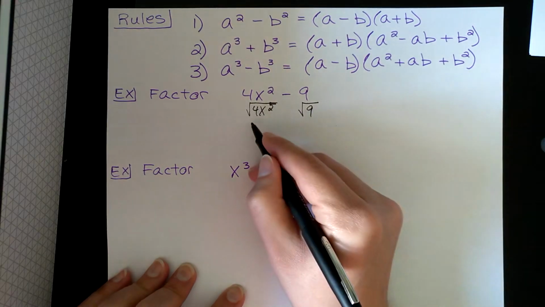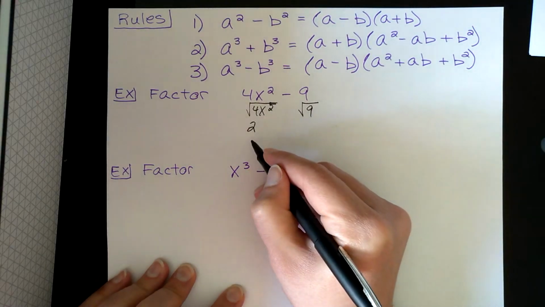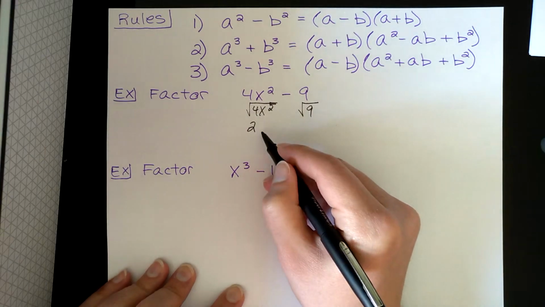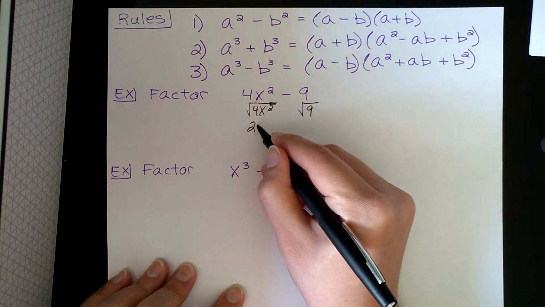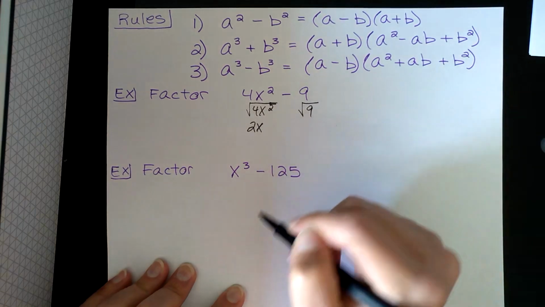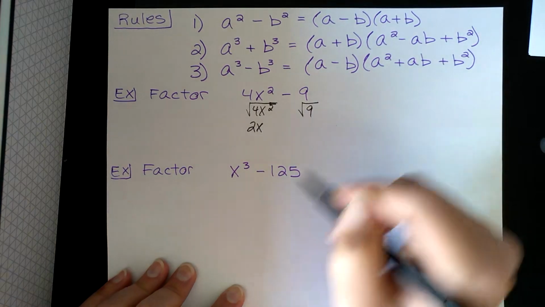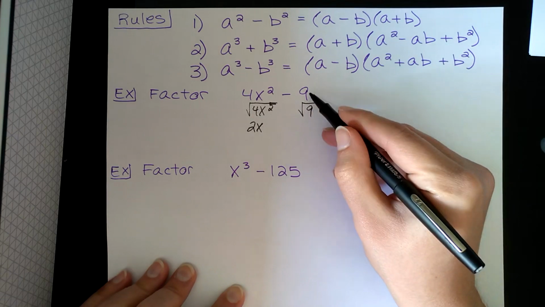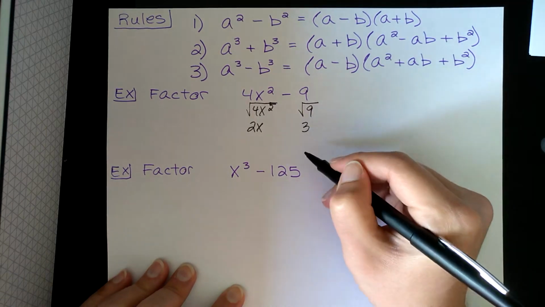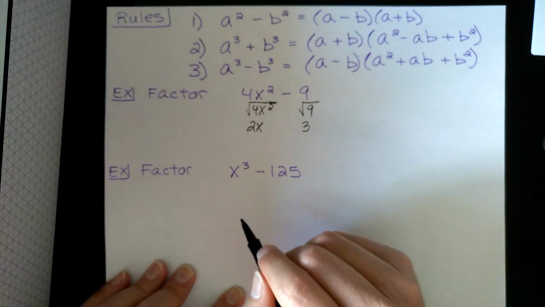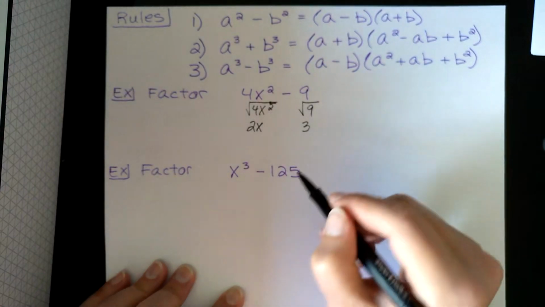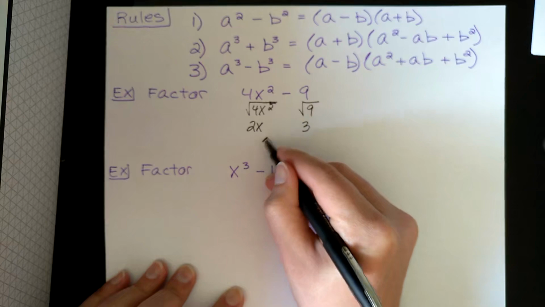Well, the square root of 4 is 2, and the square root of x squared, if we ignore absolute values, which we don't need to worry about right now, is just x. And the square root of 9 is 3, so notice these are perfect squares, so we can apply our formula.